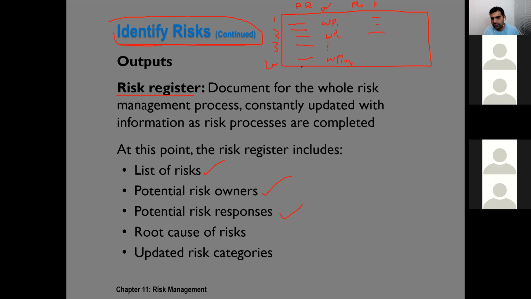We also identify the root causes of the risks or the origins. Okay, as I previously mentioned, we may have risk categories that were initially identified during the planning stage.